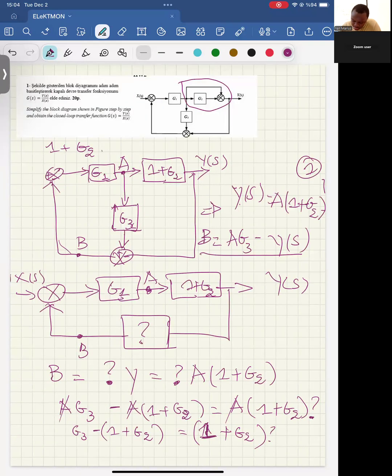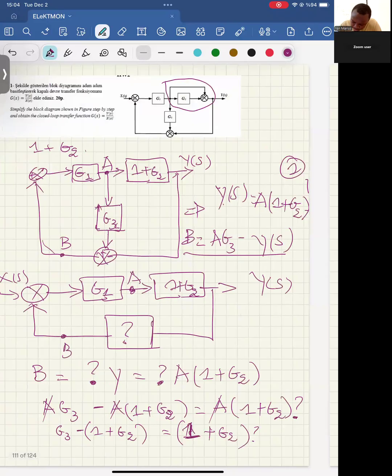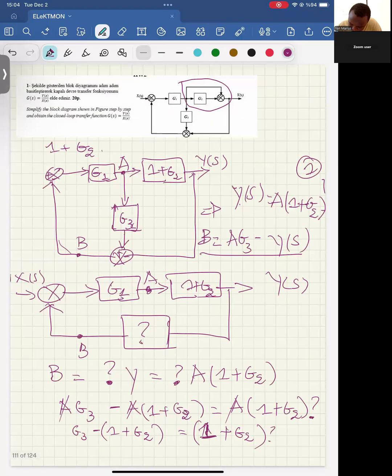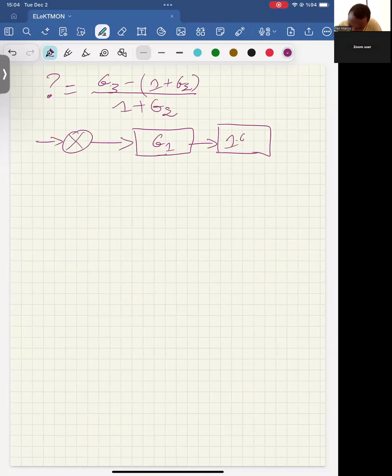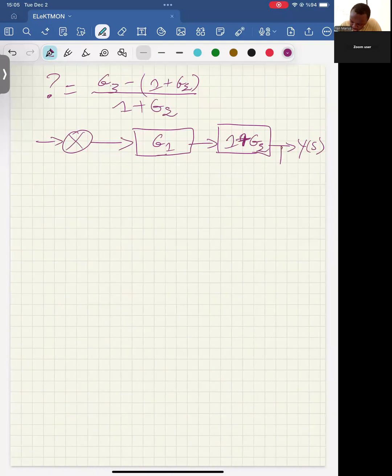So since we know this one, we can rewrite it easily like this. G1, I think we have something like 1 plus G2, and we will have our feedback here.